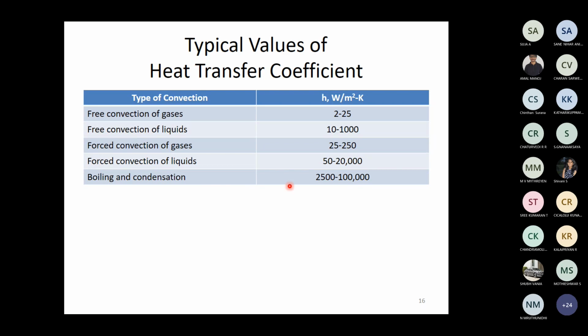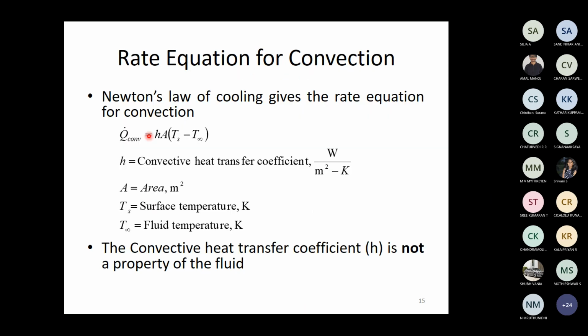But what is noticeably different is boiling and condensation. For boiling and condensation, the heat transfer coefficients are about 2,500 to 1 lakh. It is a typical range, but there are situations where the heat transfer coefficient can go beyond 1 lakh. So you can see, the larger this number, the higher will be the rate of heat transfer according to this equation.